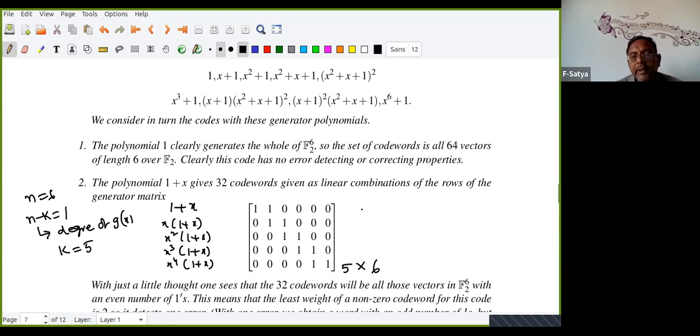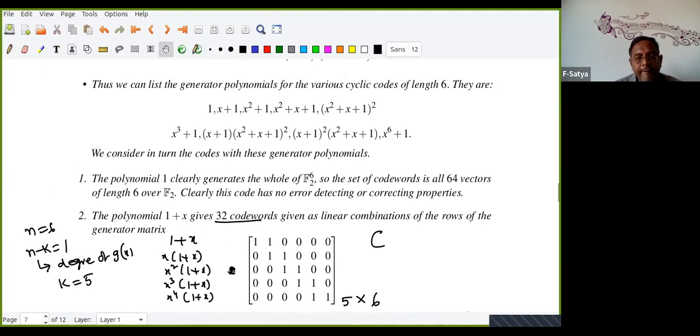So this is a 5 cross 6 matrix. Can somebody tell me how many code words there will be now? I already wrote it, sorry, 32 code words, right? What are these 32 code words?